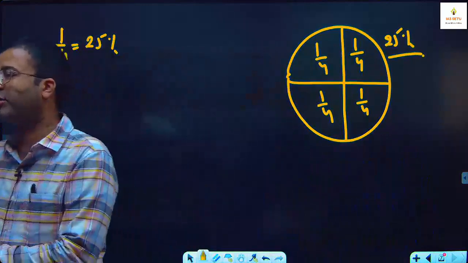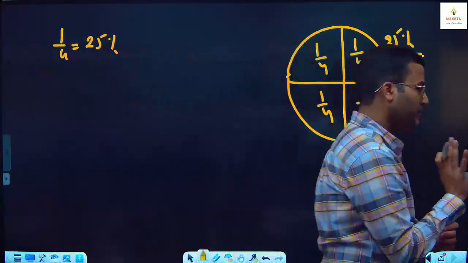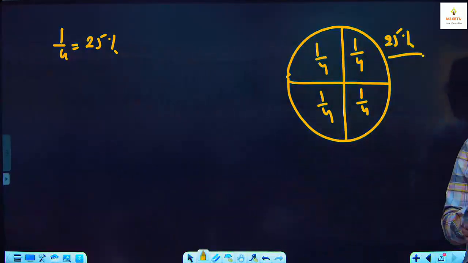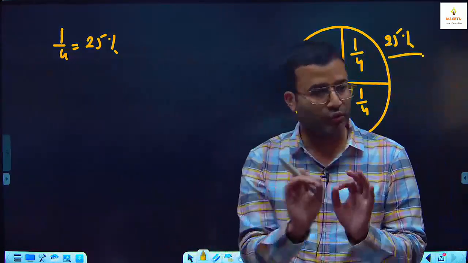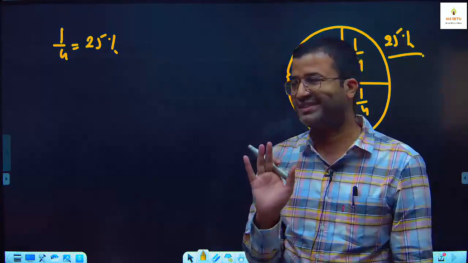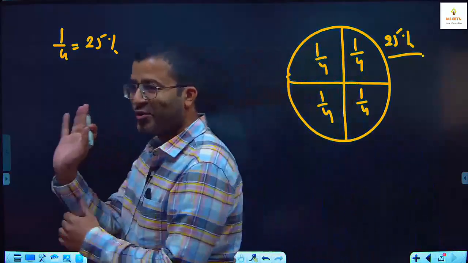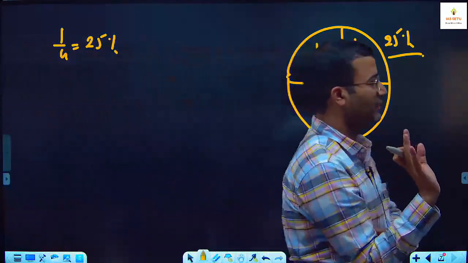Sir, quarter is 1/4. Okay. Those who have a good hold on quarter, they are very good in percentage. ठीक है, उनकी percentage अच्छी होती है. It is the same. Quarter is 1/4. 25%. Sir, exactly 25%? Yes. Quarter, half, full. 25%, 50%, 100%.